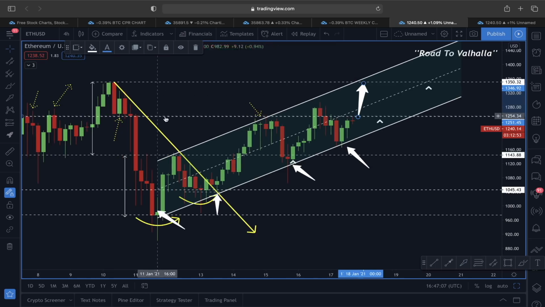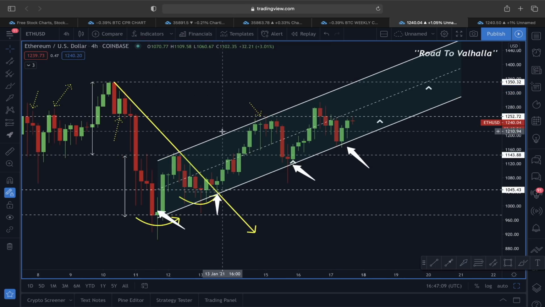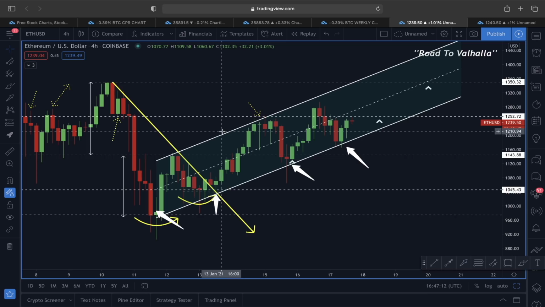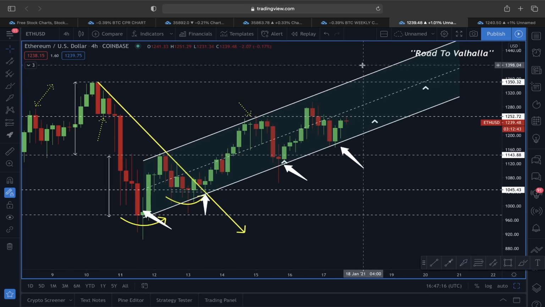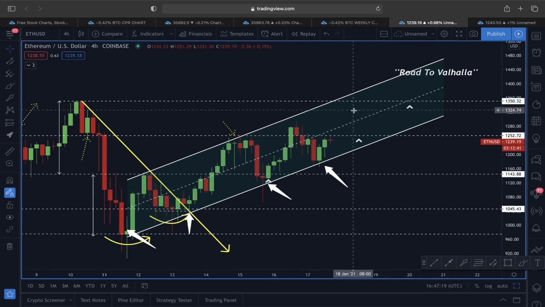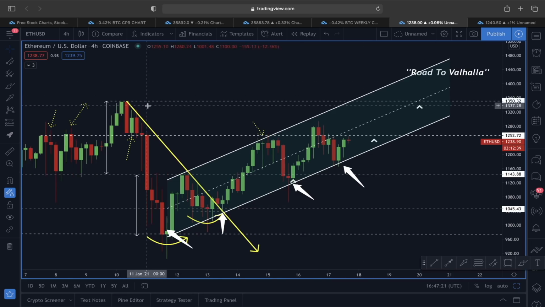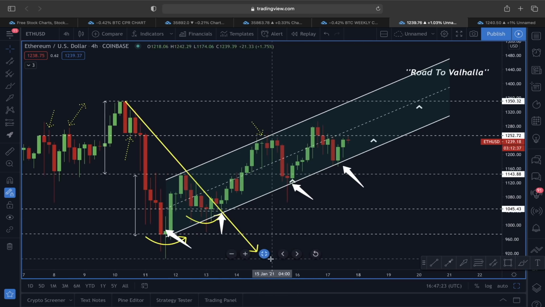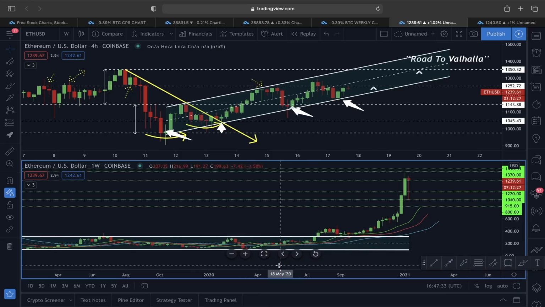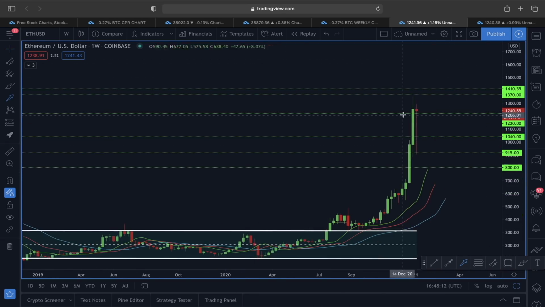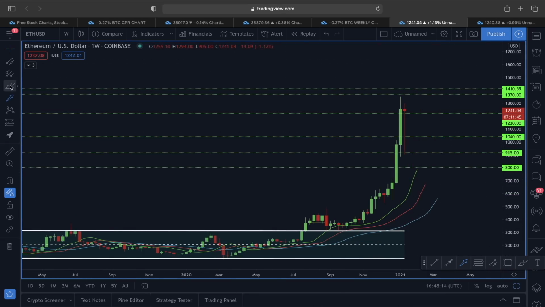And I'm very, very bullish on Ether, as I've already said, you guys, and I've been saying that since Ether was around $200-300. I'm expecting the price of Ether to go completely parabolic once it has broken the previous high structure. So this is what I see right now looking at this price action of Ether, and also looking at this in a weekly time frame. You can see in a weekly time frame the price of Ether does look bullish, even though we are seeing some sort of rejection.